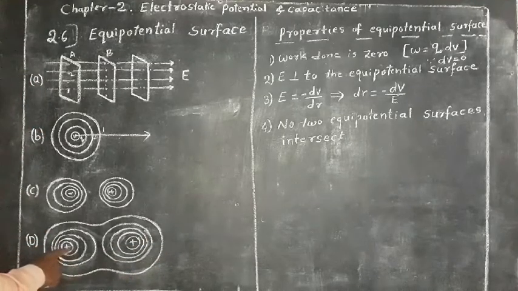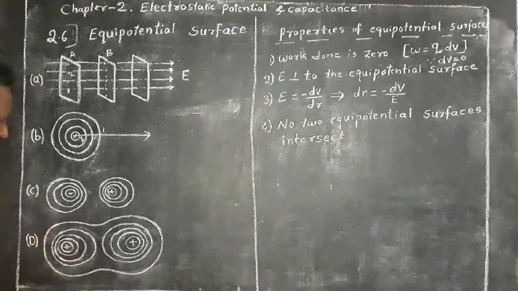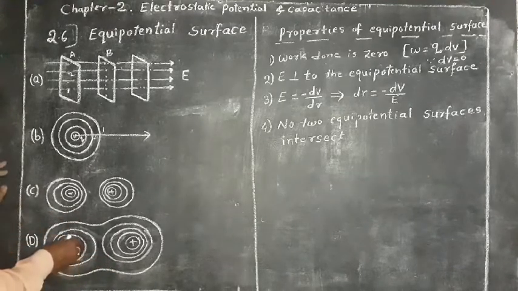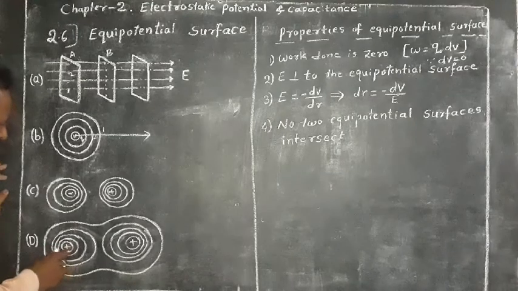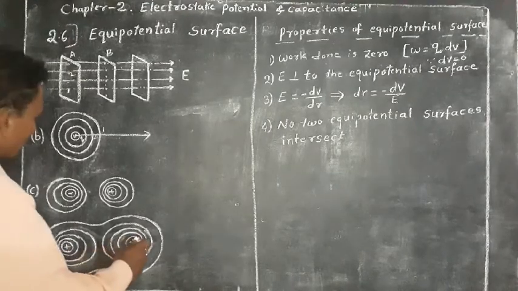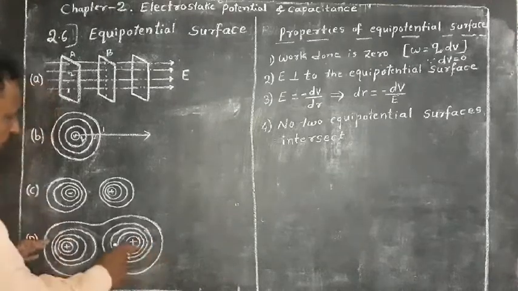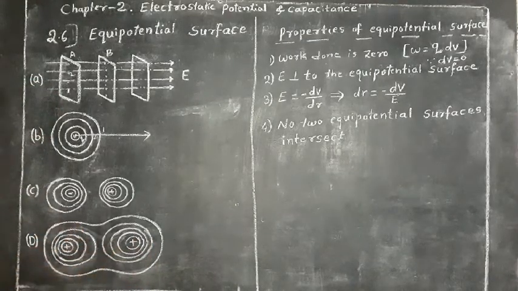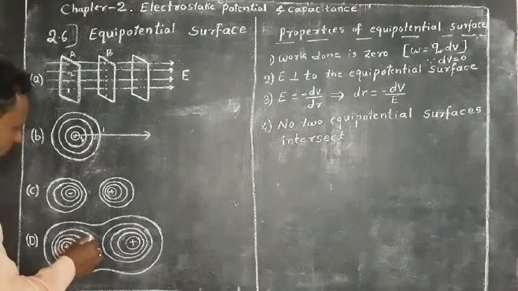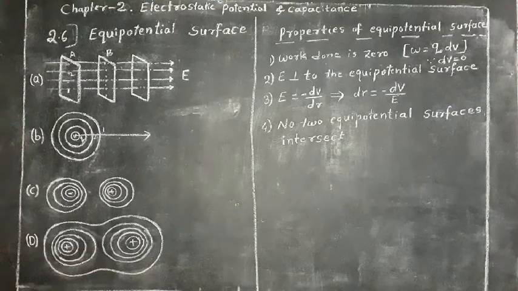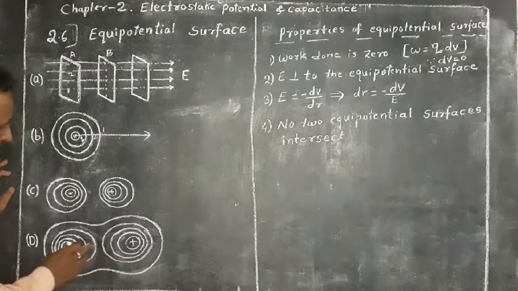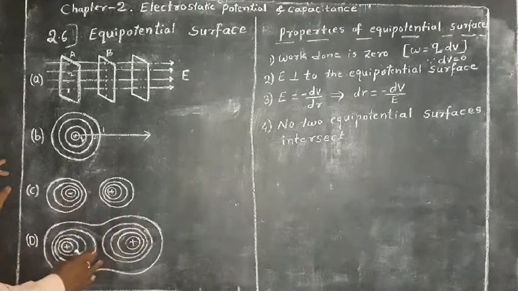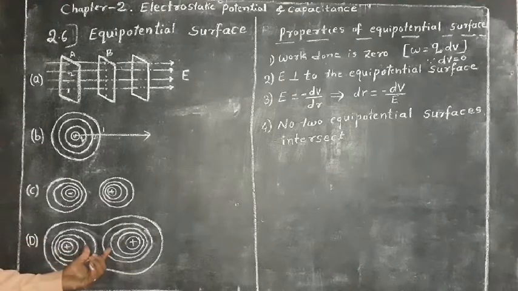Therefore, in case of two equal positive charges, the spacing between equipotential surfaces is closer at the farther ends of the charges, and the spacing between the equipotential surfaces is well spaced in the region between the two charges, because there is a weak electric field there.